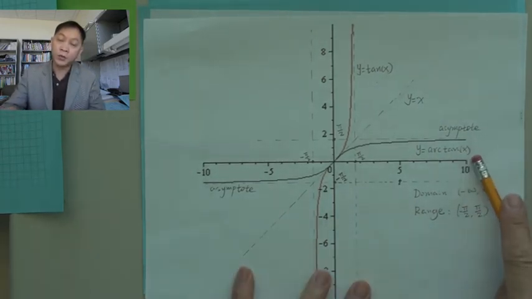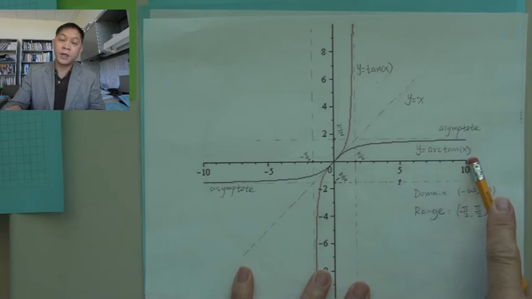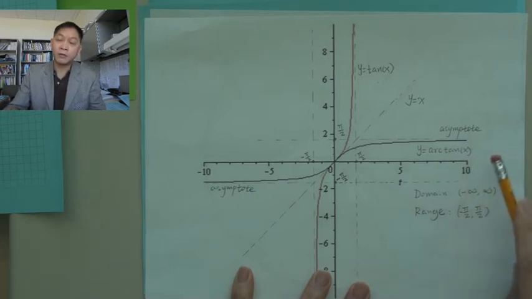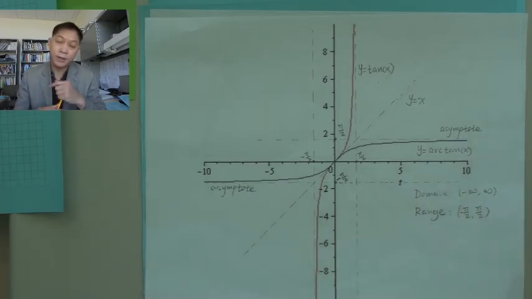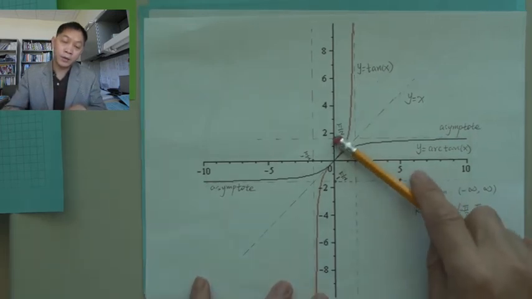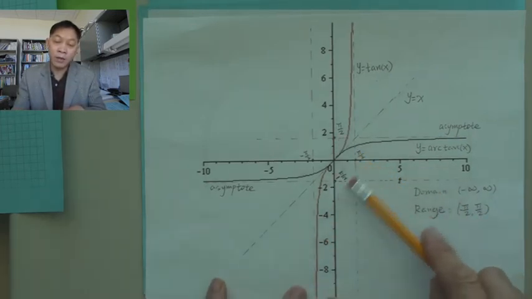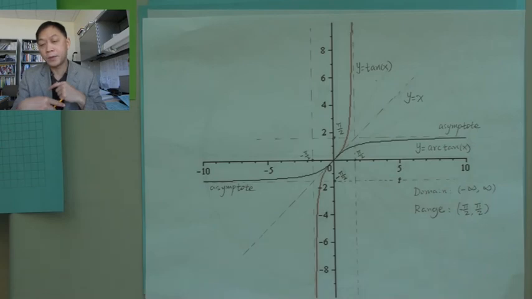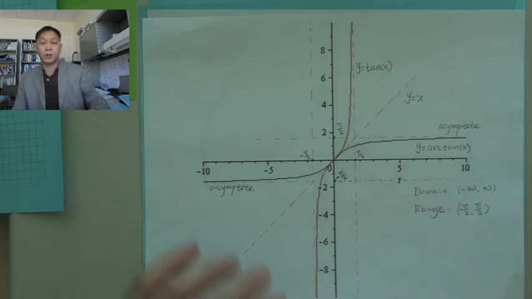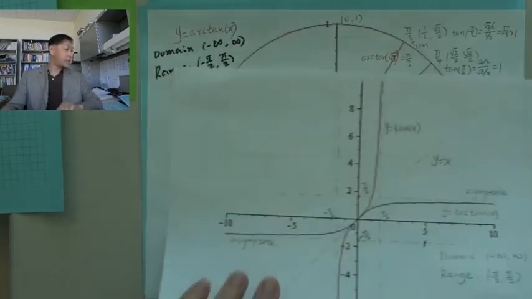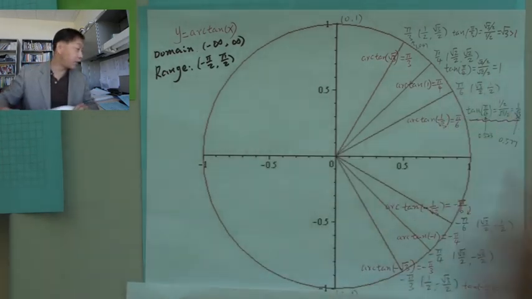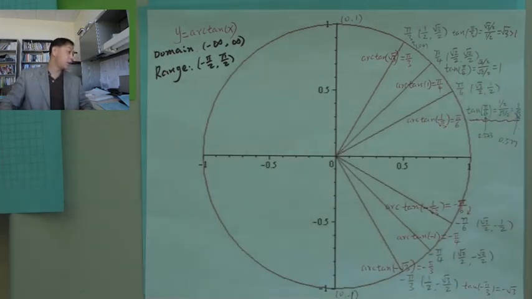Arctan x takes all the real numbers, and arcsine only takes from negative 1 to positive 1. The outputs are the same, from negative pi over 2 to positive pi over 2. So we had a picture for arctan, and we had special values.